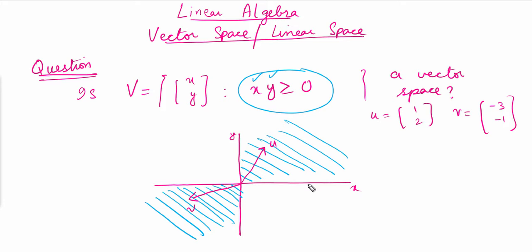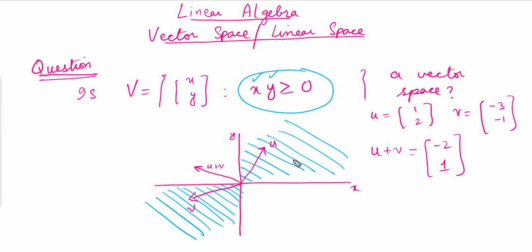Now we will try to apply the properties. First of all, let's apply the addition property. We will add the two vectors and the answer should be from the vector space. When I add the vectors, u plus v, I get 1 minus 3, that is minus 2, and 2 minus 1, that is 1. So this answer, (-2, 1), will be somewhere here. This will be u plus v.